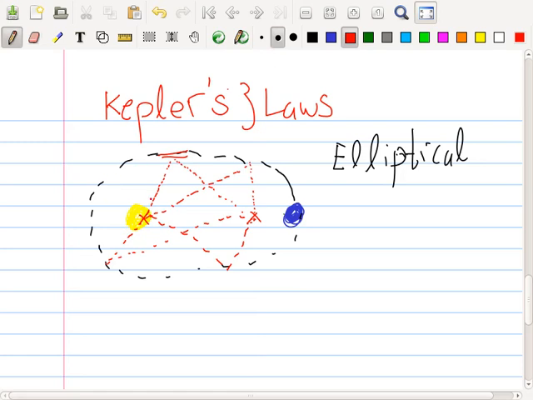And these two special points are called foci. Focus is singular and foci is plural.